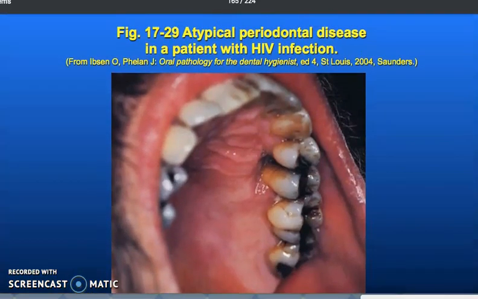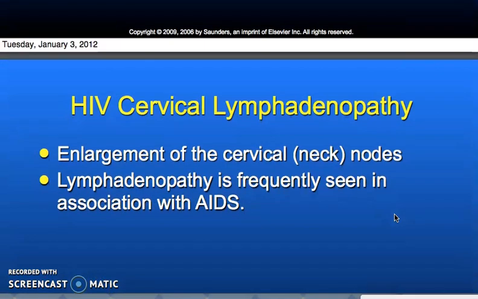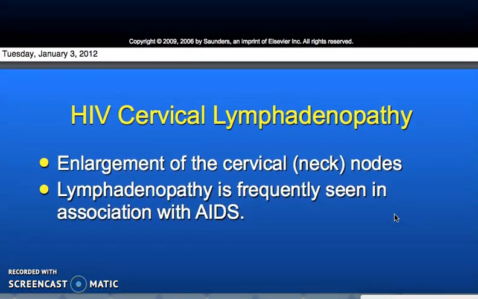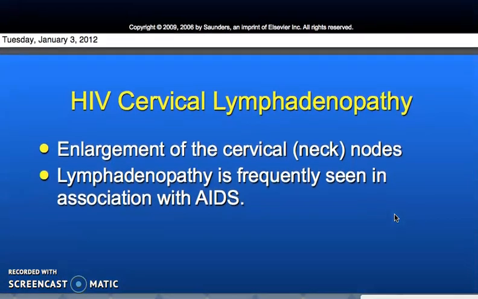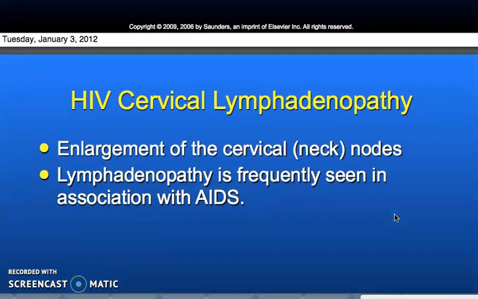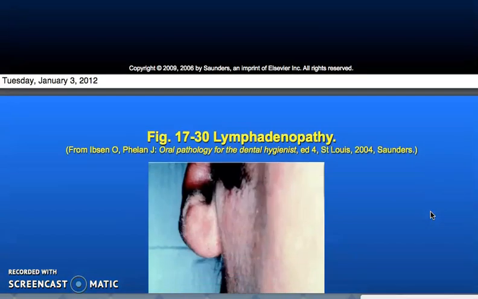So here we have a picture of an atypical periodontal disease in a patient with HIV. And as you can see in this area, we've got a lot of periodontal problems and issues going on. Okay, so with HIV, cervical lymphadenopathy is enlargement of the cervical nodes, and it's frequently seen with AIDS patients.